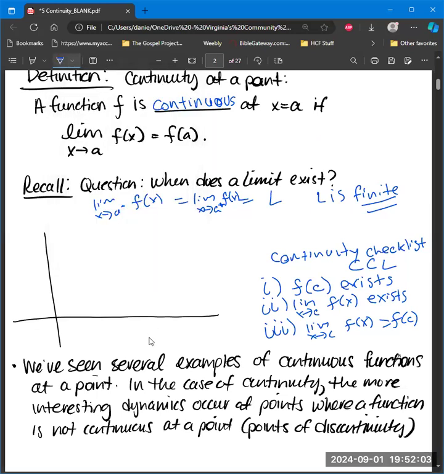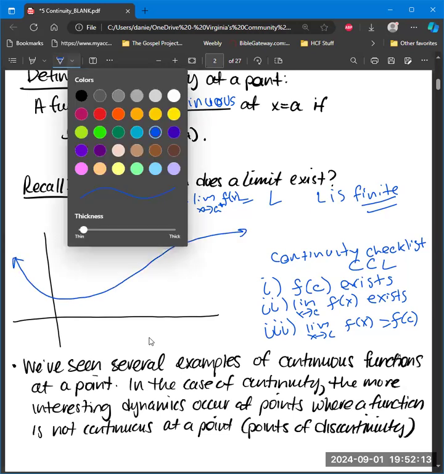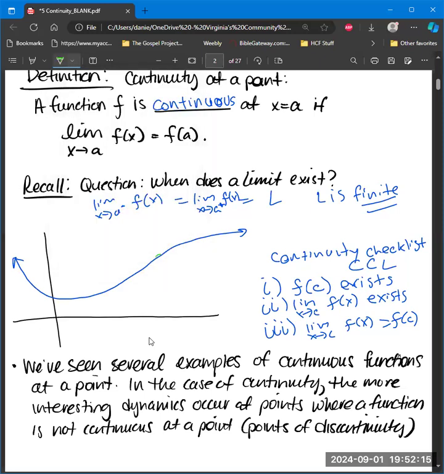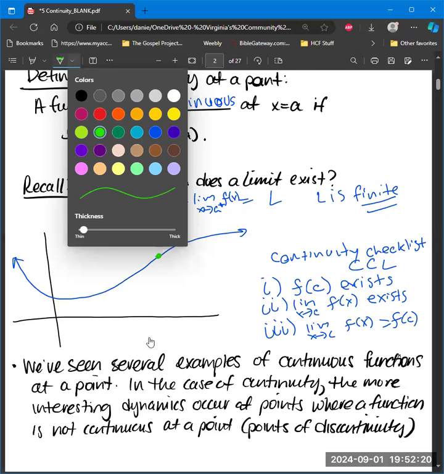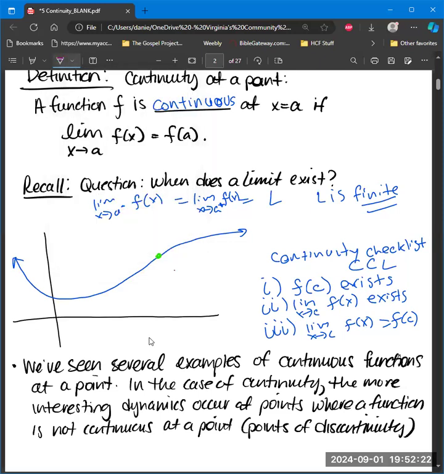So we're not going to use it to be the thing that x is approaching usually here. So got a function that looks like this. And we have a point here that I'm going to put in green. It's right here. And this value there.